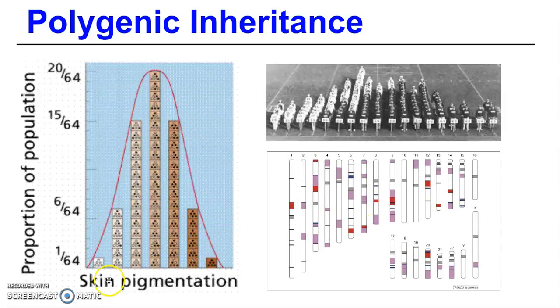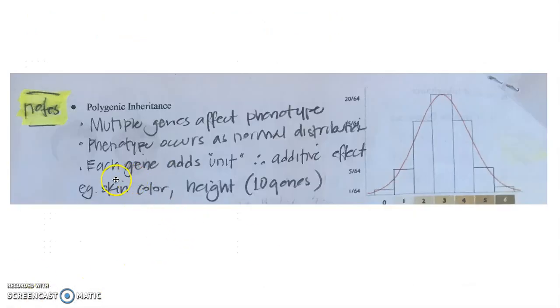Now, we often get something called the additive effect, because each gene adds some type of a unit. So you could think about each of those genes having multiple alleles, and let's say that there are short, medium, and tall alleles. Every time you get that tall allele, you get taller and taller.